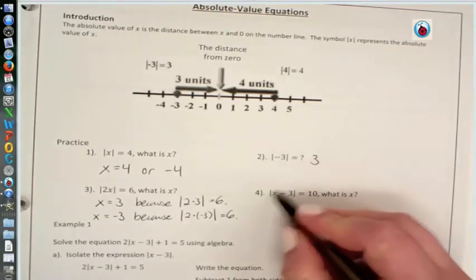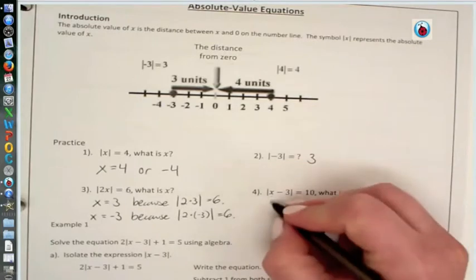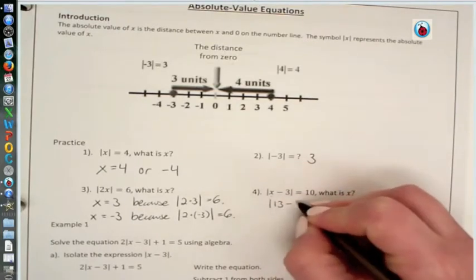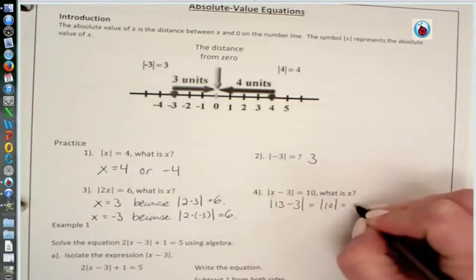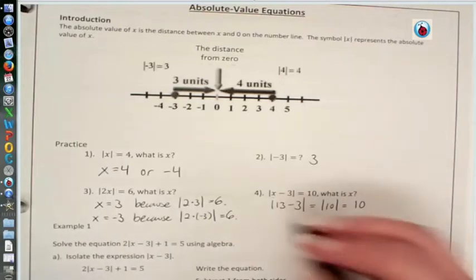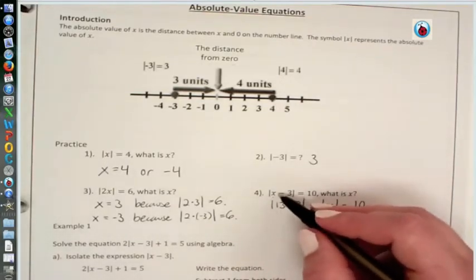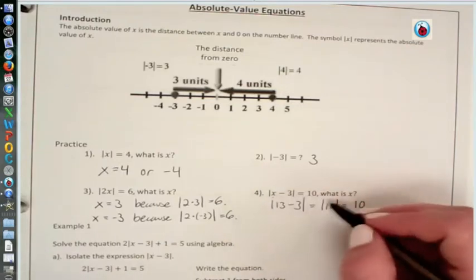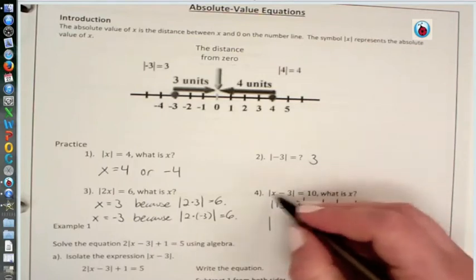Well, what would x have to be for x minus 3 to be 10? It would be 13. 13 minus 3 would be absolute value of 10, which is 10. That works. Also, if I was thinking of this coming out to negative 10, so the absolute value of negative 10 is 10, well, what would I have to subtract 3 from to get negative 10?